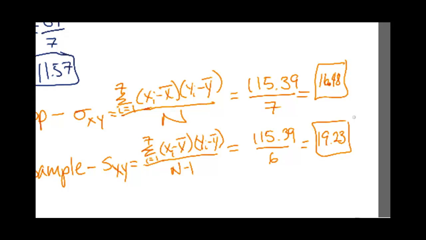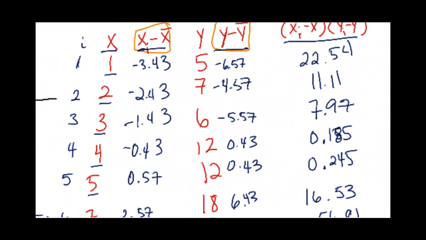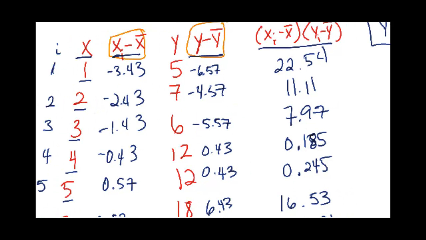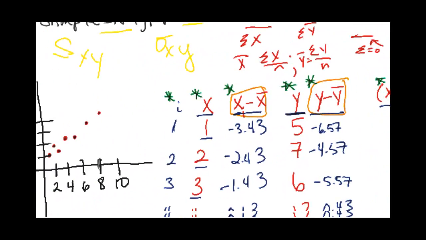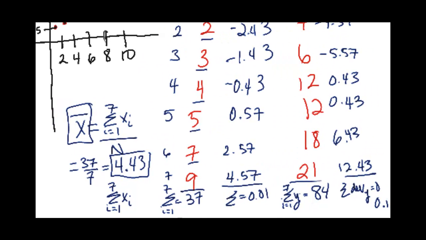All right, let's recap. First thing you want to do is set up this table in which you have these columns. Then you go through and find the means of both x and y.